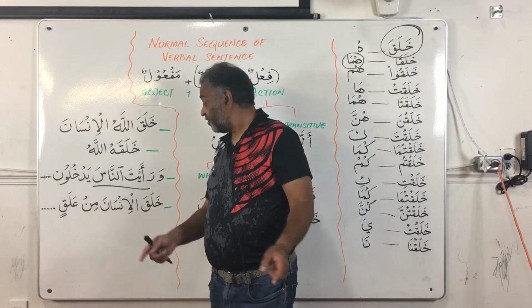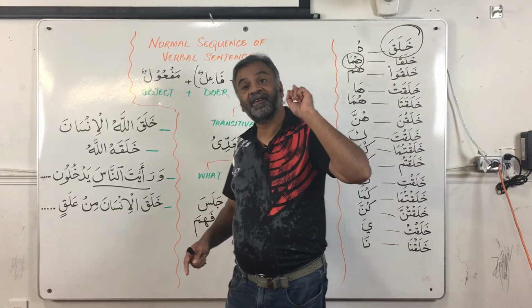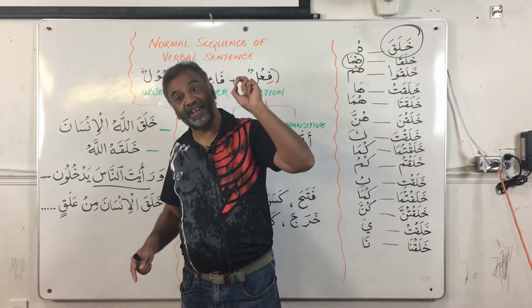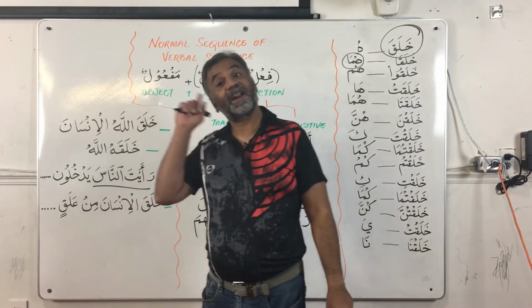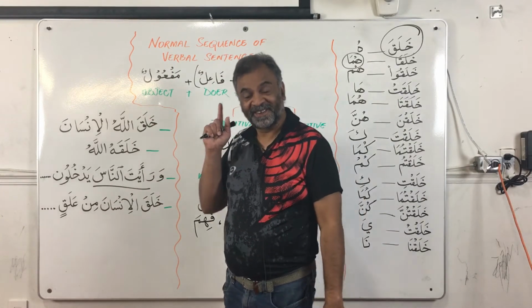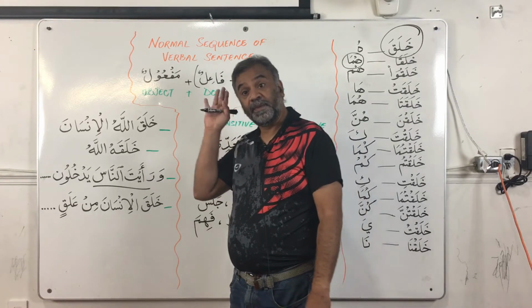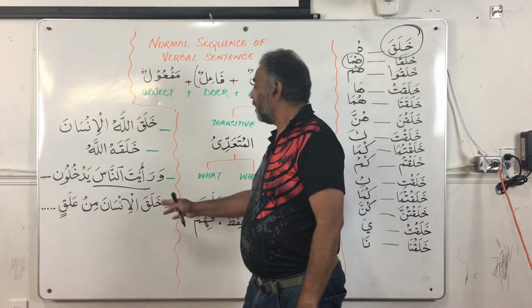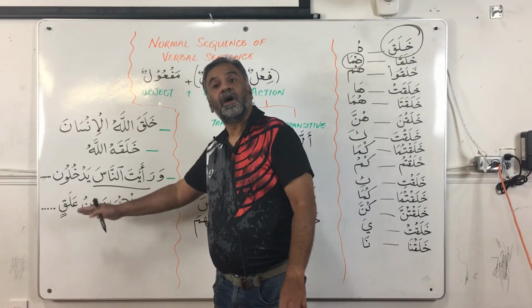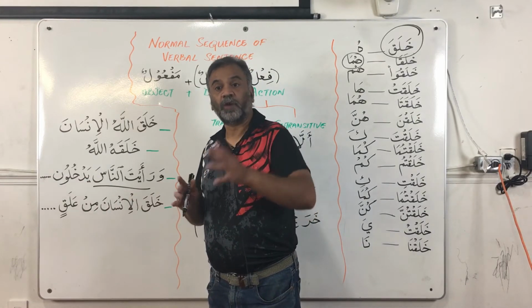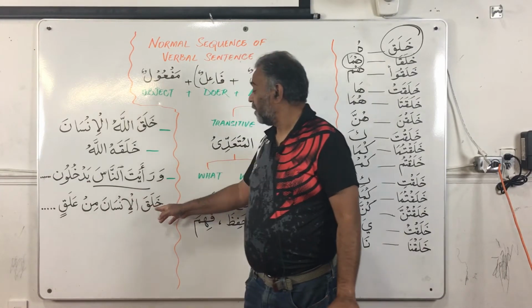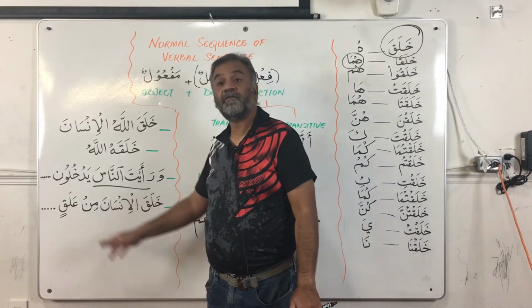And this ayah is going back to Iqra bi ismi rabbikal lazi. Huwa goes to Rabbika, your Rabb. Al insana is your maf'ulun bihi, your object. He created al insan from alaq.